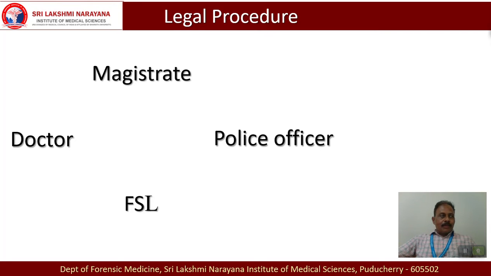For example, robbery, rape, murder. Ragging is again a cognizable offense. What is a summons case? It refers to offences punishable with imprisonment up to 2 years. A warrant case refers to offences punishable with imprisonment beyond 2 years.